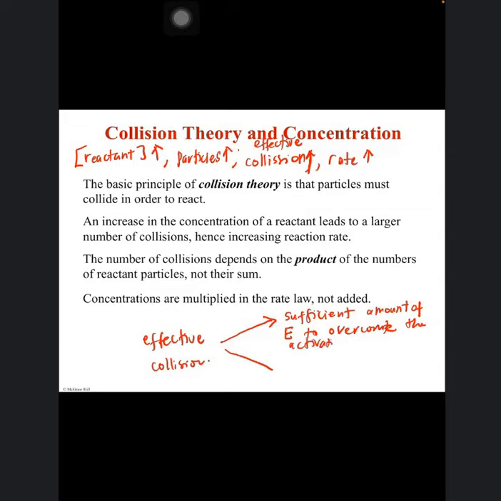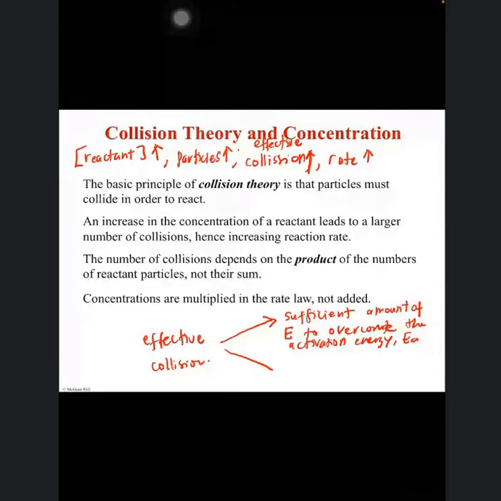Nanti sekejap lagi kita tengok lebih detail. Apa itu activation energy? Simbol dia adalah EA. Okay, so this is one of the criteria to produce effective collision. Dia kena bertenaga. Tenaga dia kena cukup.